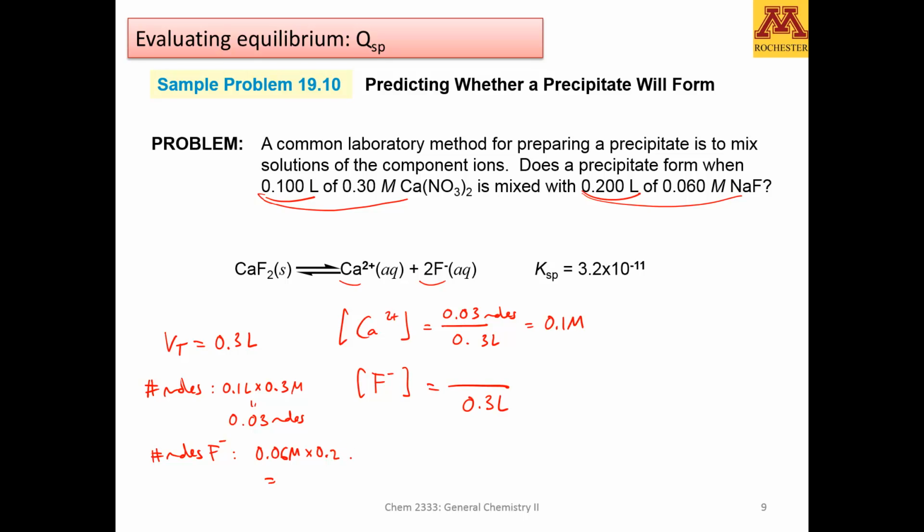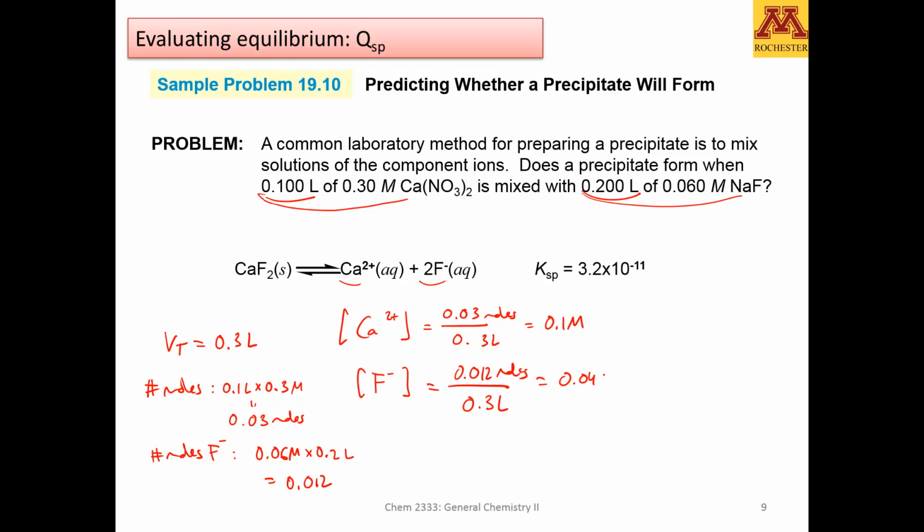So 0.06 times 0.2, that's 0.012 moles. And that divided by 0.3 liters, I have 0.04.